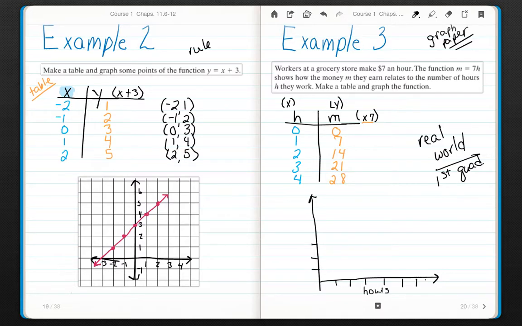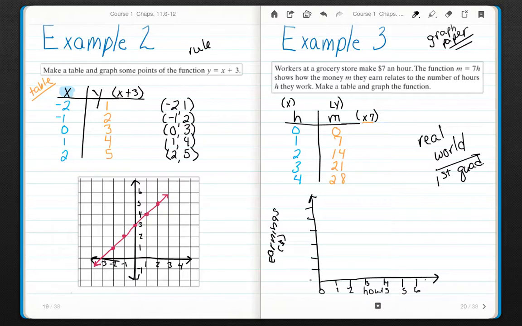And over here we have earnings in dollars. So my hours worked, I had 0, 1, 2, 3, 4, 5, 6.